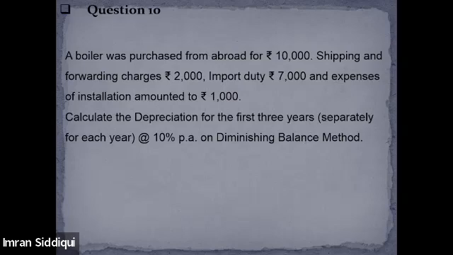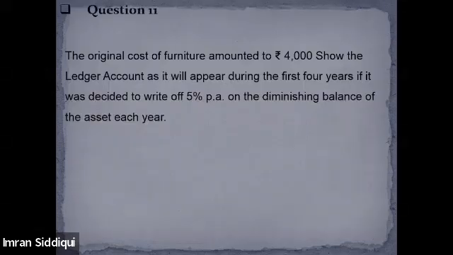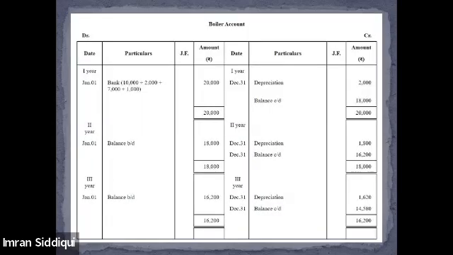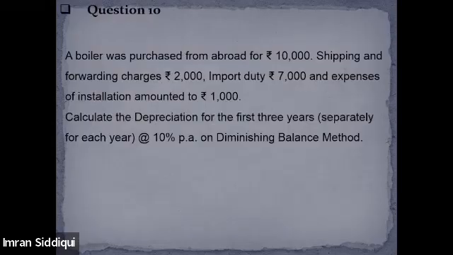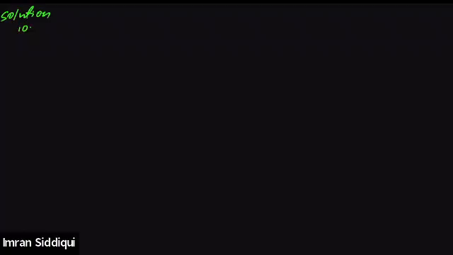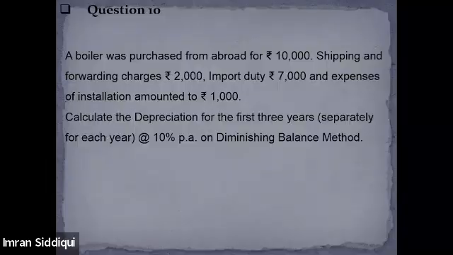Let's not make the boiler account this time. We'll do that in the next question. Right now in question number 10, we will calculate depreciation without preparing the ledgers. All right. Okay. So boiler was purchased for rupees 10,000.